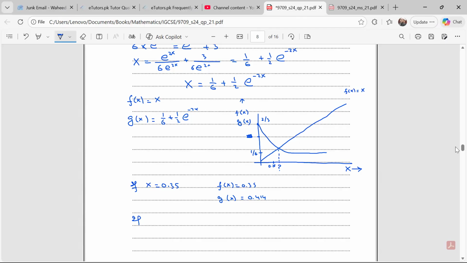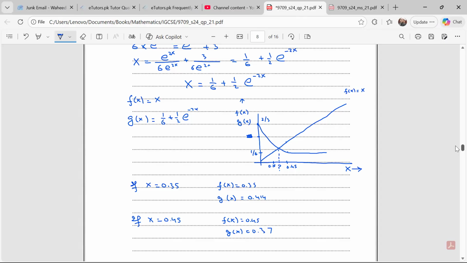But if x is 0.45, then f of x is 0.45, but g of x comes out to be 0.37 I believe, which means this point 0.45 must be after this point, because here f of x is larger and g of x is smaller, right? So that proves that my solution lies between these 2 points, 0.35 and 0.45.